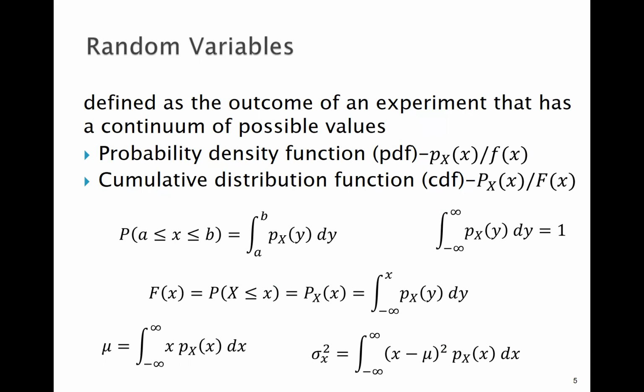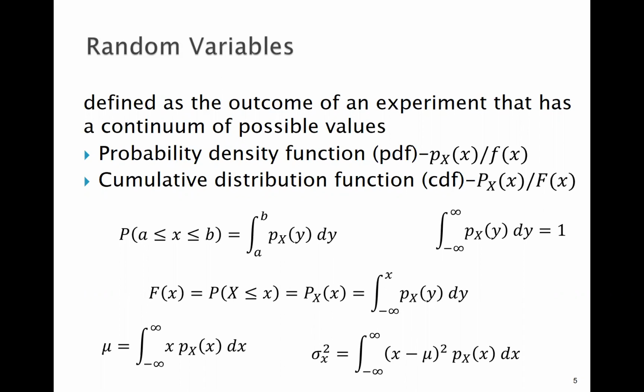Usually, we use small p sub capital X of x to denote the PDF. In some textbooks, that is simply small f of x. Here, capital X denotes our random variable.